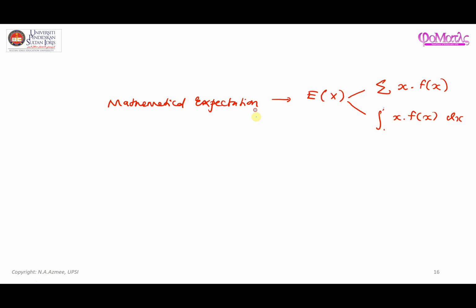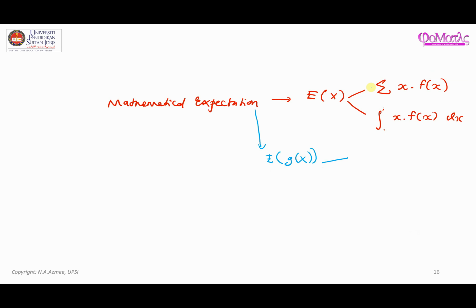Now we can make it slightly more complicated. Let's say you have a function that depends on x. The way you find the expected value of a function that depends only on x follows the same idea.